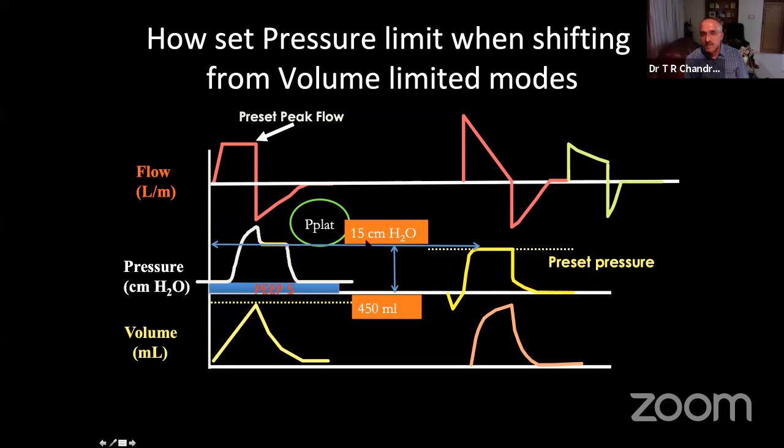And if the plateau pressure is 15, at that plateau pressure he is getting 450, the pressure control level should be 15 centimeters, or your PS should be 15 centimeters. That is the pressure that is required to generate this volume. That is what you have to understand. So when you are shifting from a volume mode to a pressure mode, you check the plateau pressure. That should be your pressure control or pressure support in a pressure mode.